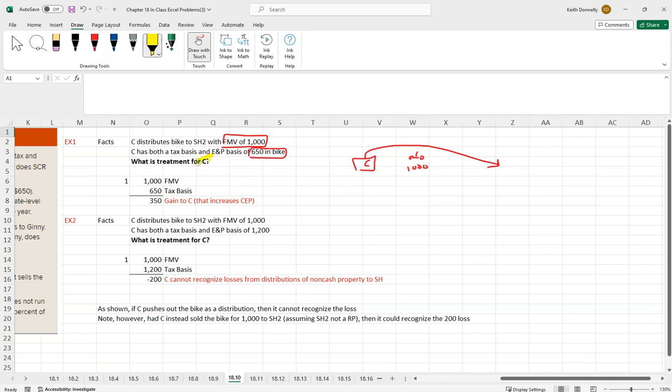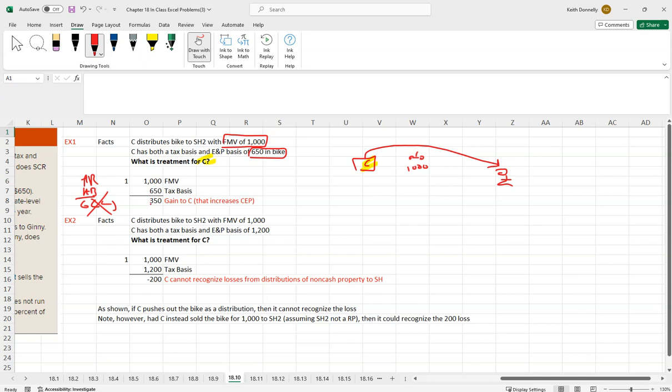What are the effects for the corporation? Right now we're looking on the left side, we're not looking at the shareholder. Well, they treat it as a deemed sale. It's going to be amount realized minus adjusted basis, which gives you your realized gain or loss, of which we said you recognize gains, but you ignore losses.